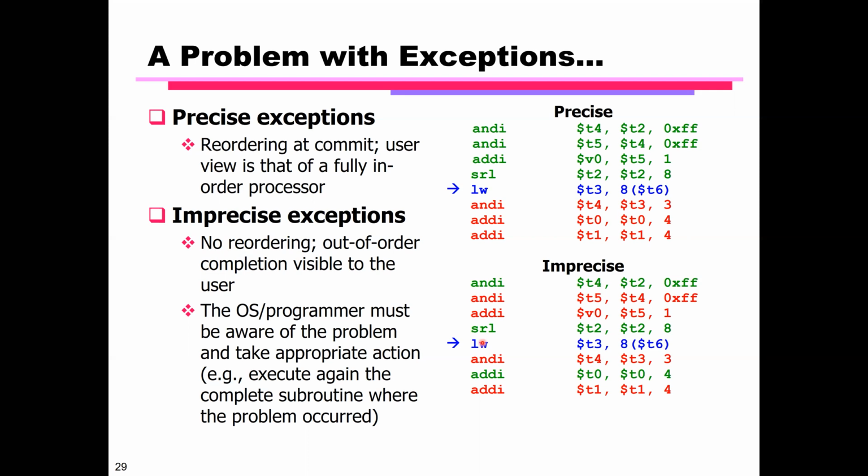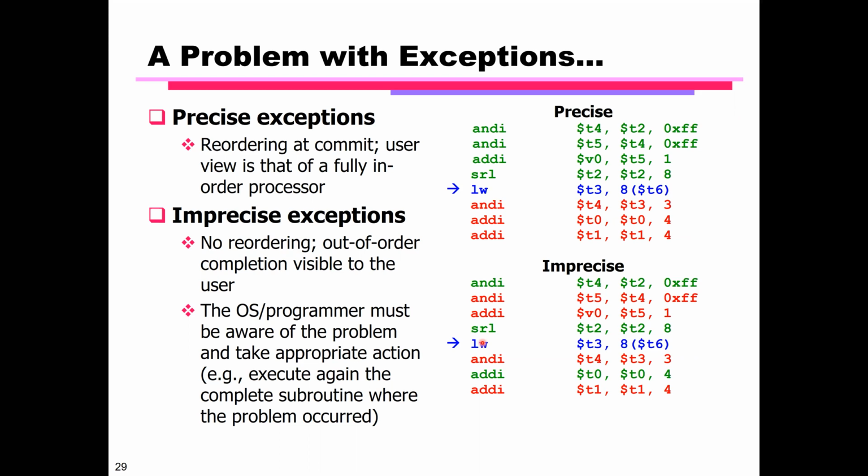Now the situation is that I have maybe instructions before that have not been executed because maybe they have dependencies that are not honored yet, and instructions after my load that have already been executed because they were ready to be executed, and so there was no reason to hold them back. Again, this is exactly what we are trying to do, and we are happy that this is happening.